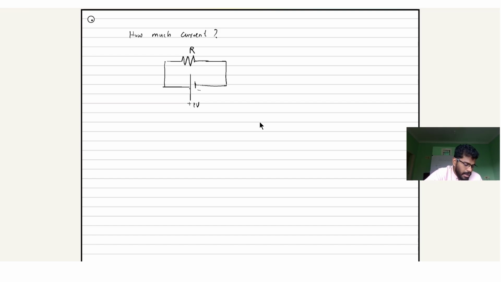Yes. The first idea is what will happen. Now I know a current will flow in this direction from positive to negative. What will happen if I introduce a battery of higher voltage? Let's say 10 volt. What do you think will happen?